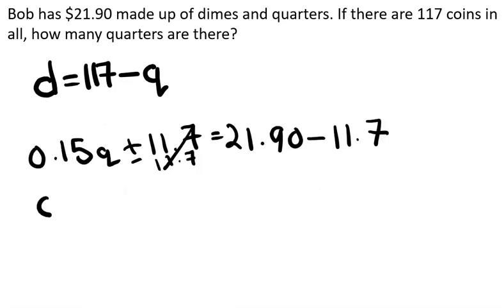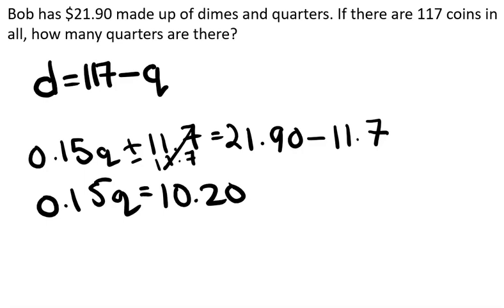Okay, let's rewrite: 0.15Q is equal to 21.90 minus 11.7, which is equal to 10.20. Now we have to divide by 0.15 on both sides of the equation, and here it will cancel out and the Q will drop down.